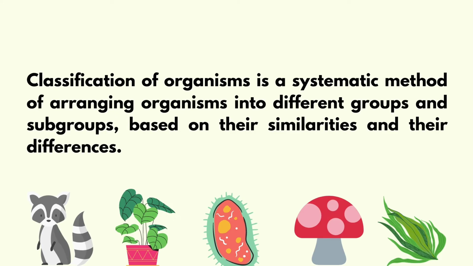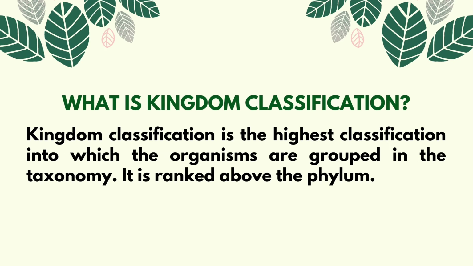Classification of organisms is a systematic method of arranging organisms into different groups and subgroups based on their similarities and their differences. So what is kingdom classification? Kingdom classification is the highest classification into which the organisms are grouped into taxonomy. It is ranked above the phylum.